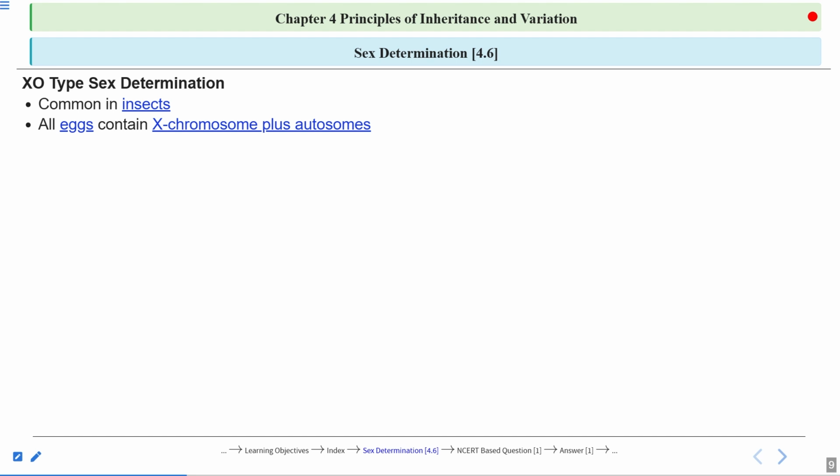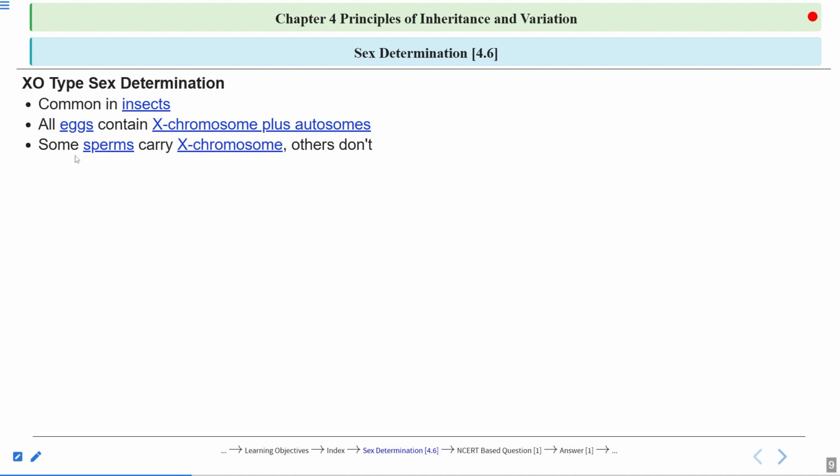Autosomes and sex chromosomes are both present in living organisms. So insects also consist of autosomes and the sex chromosome. The eggs, the gametes, are haploid, so they have only one set of chromosomes. So all the eggs produced in insects such as grasshopper will contain an X chromosome along with the autosomes.